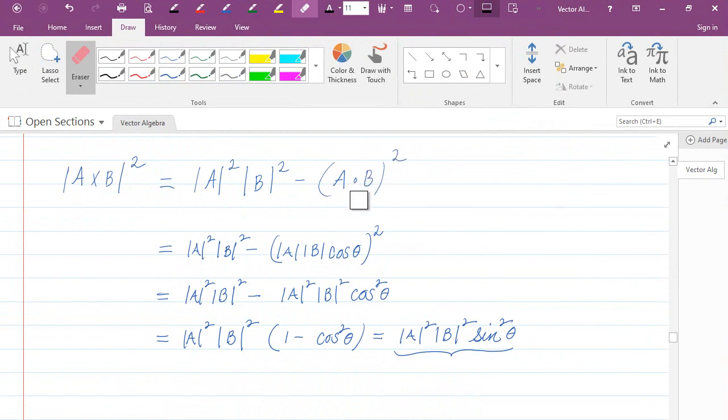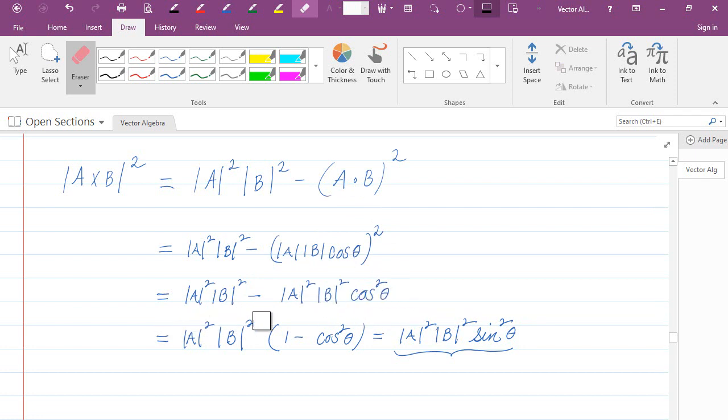Now a dot b, we know, is given by the length of a, length of b times cosine theta, where theta is the angle between a and b, and the angle theta is between 0 and 180. So here we get length of a squared, length of b squared minus length of a squared, length of b squared times cosine squared of theta.